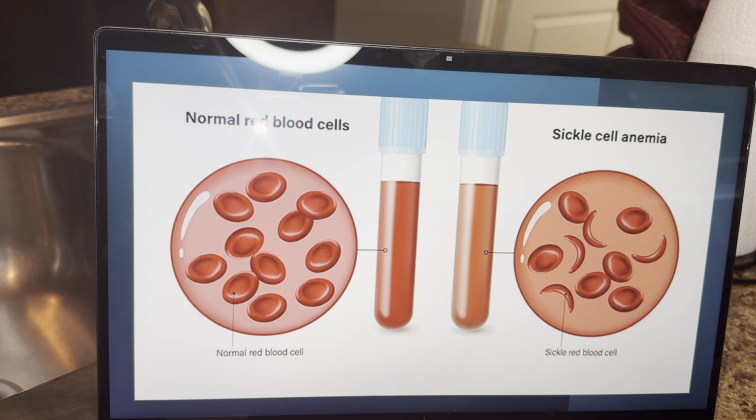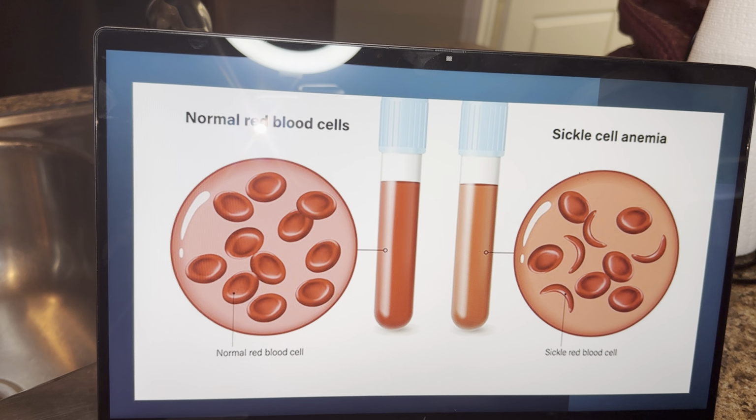So here we have a great visual representation of what a normal red blood cell looks like compared to what a sickle red blood cell looks like. The shape of normal blood cells is designed that way to allow for easy flow through the blood vessels.